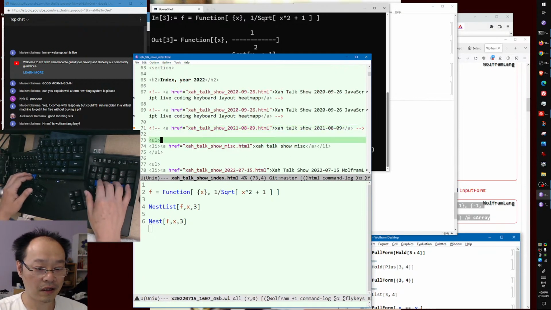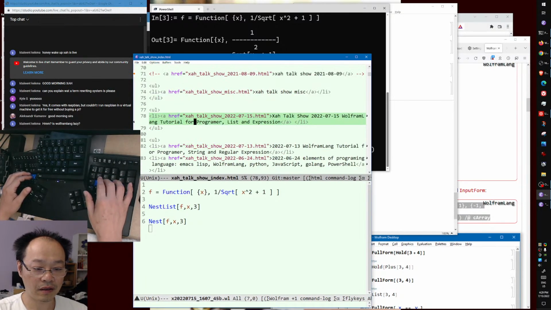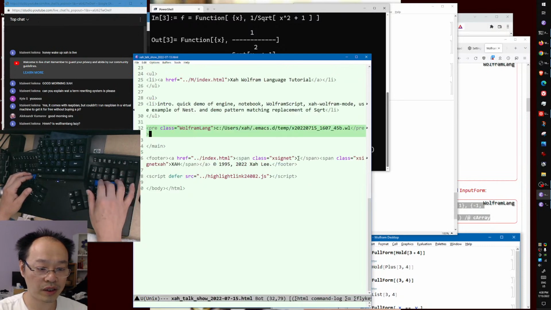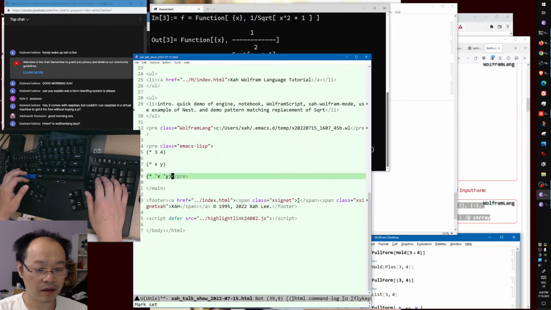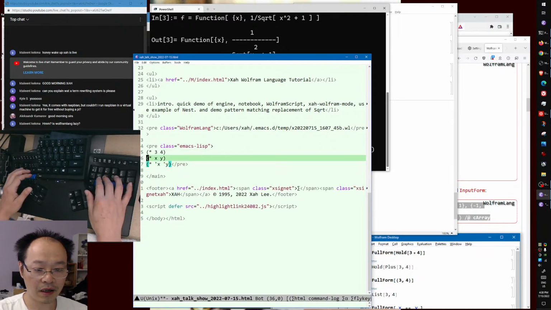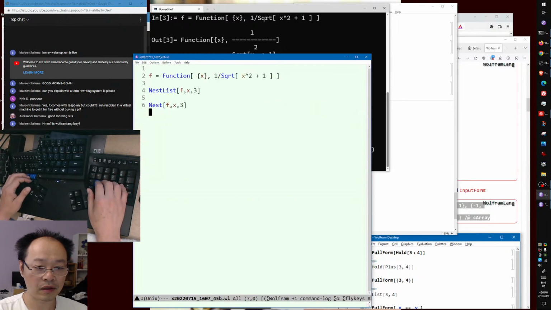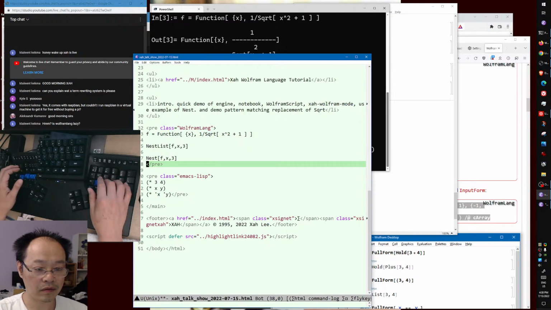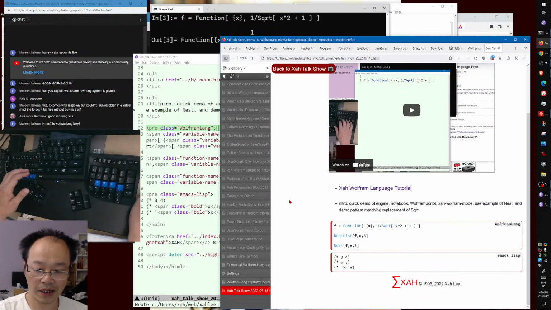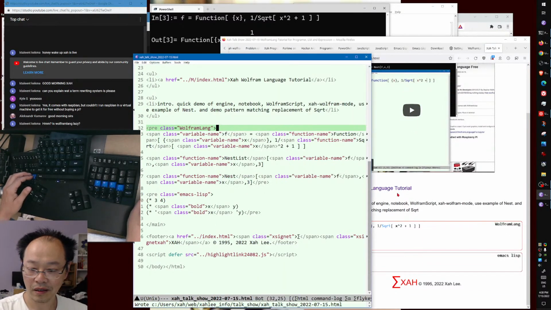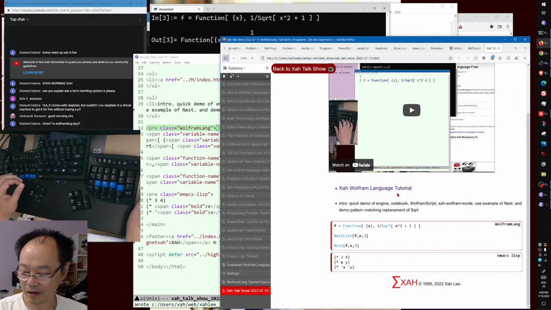Let me log what we talked about. So in today's talk show, we talked about some of that, and now I want to demonstrate symbolic pattern matching, the power of pattern matching.